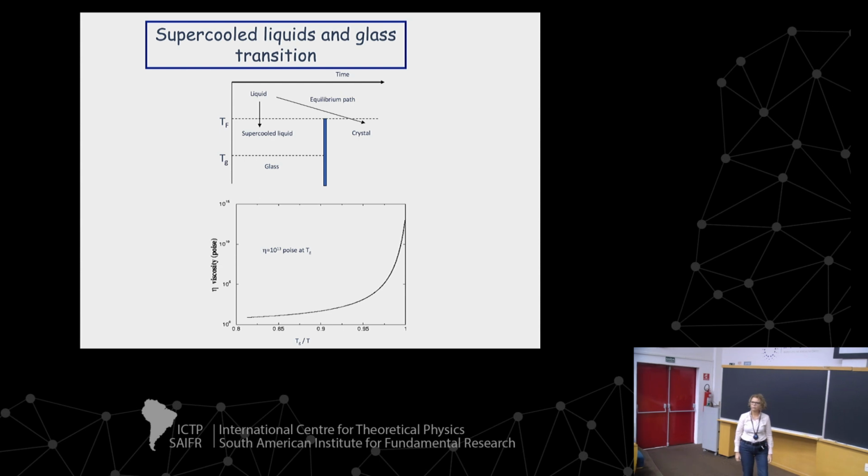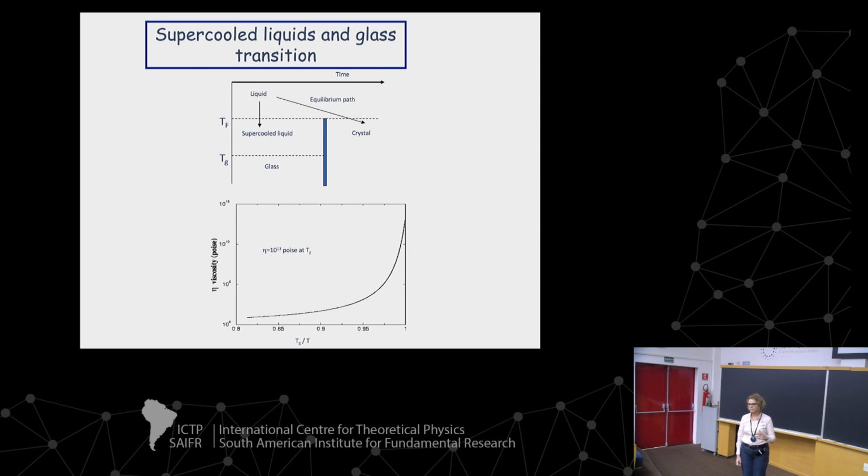You start moving, but while you move, I take away your kinetic energy, so that you become slower, slower, slower, and at a certain point you cannot move any longer, and you freeze where you stay. So you are not a crystal, you are a frozen, disordered liquid. This is the glass. When you have no kinetic energy left, it is a glass.